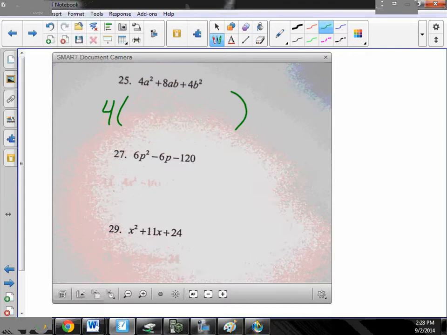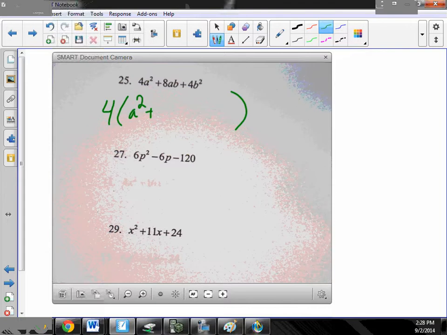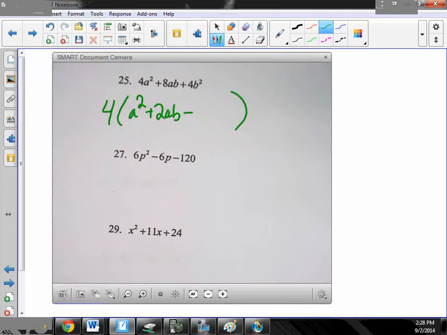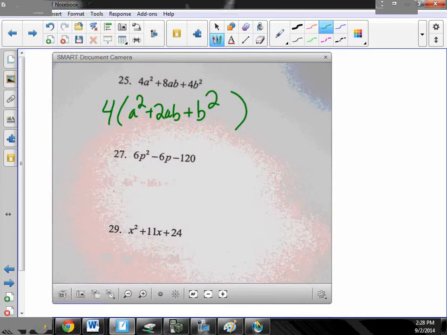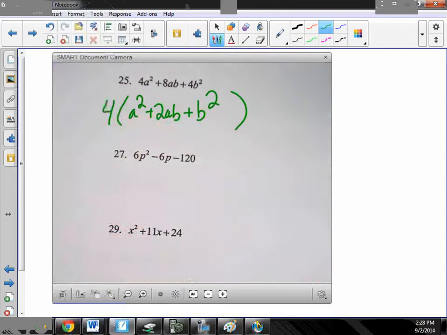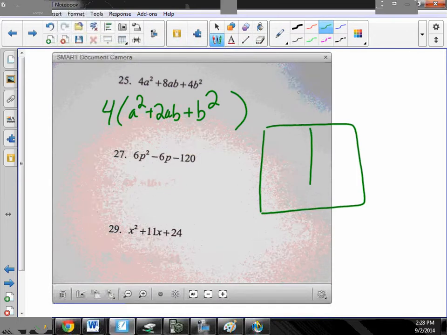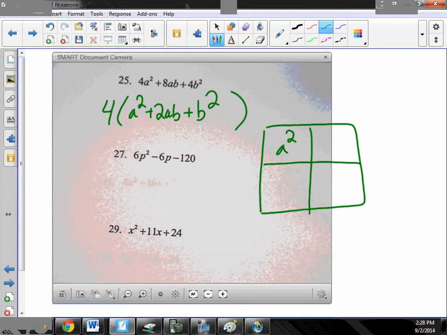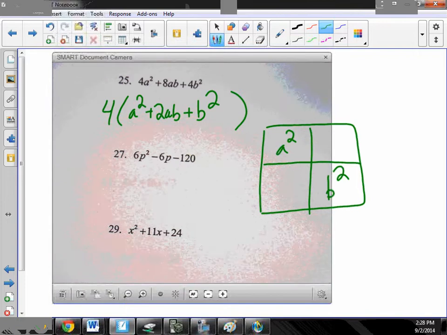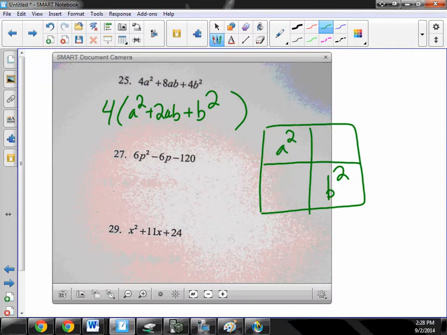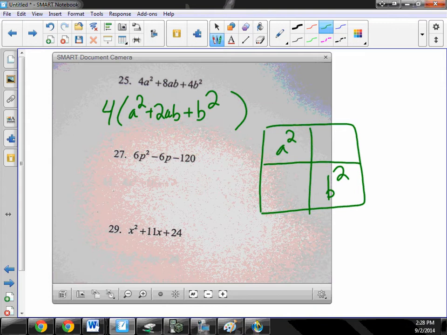What's left? Okay. Now, let's build the box. A squared and B squared. Now, this is a little strange. So, let's multiply those together and see what happens.